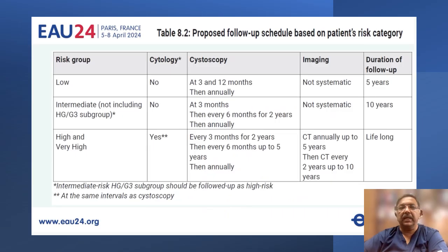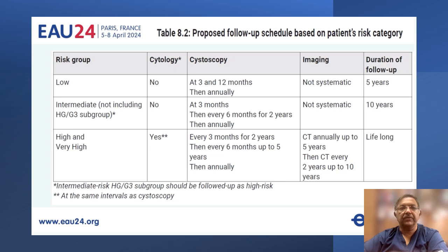This is again new in the guidelines coming this year, and it is proposed that we need to be a little less stringent in the follow-up using imaging in low and intermediate risk patients. So imaging is not really required, and follow-up for low risk is a total of 5 years, for intermediate risk a total of 10 years.